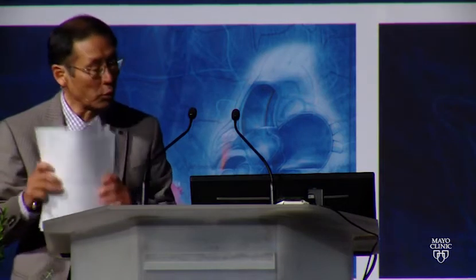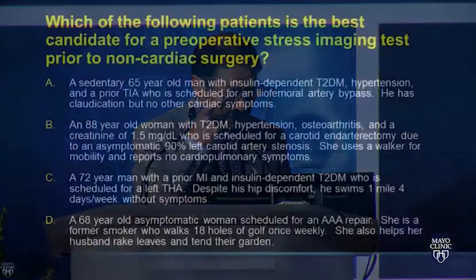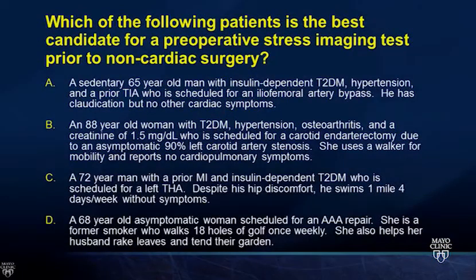So let's first start with the questions. Question number one is, which of the following patients is the best candidate for a preoperative stress imaging test prior to non-cardiac surgery? We've got a sedentary 65-year-old man with diabetes, hypertension, prior TIA, iliofemoral bypass, claudication, but no symptoms.